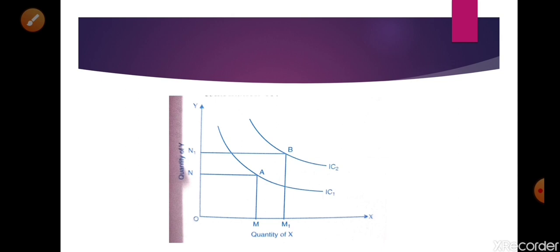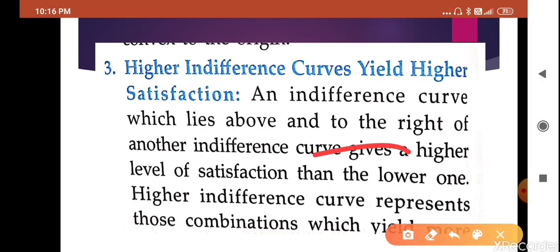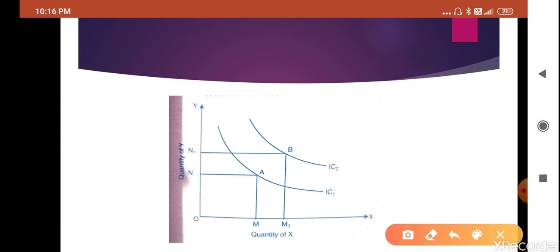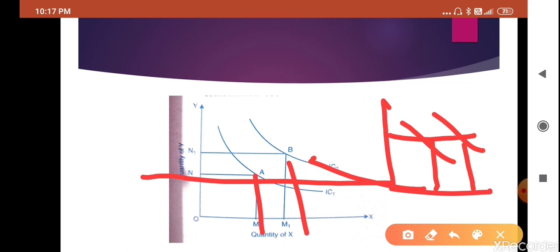We have understood in the demand section that while the demand curve is shifting rightwards, it is increasing. You can see the same thing here, while it is increasing rightwards. So when any curve is shifting rightwards, it means an increment in the satisfaction level.